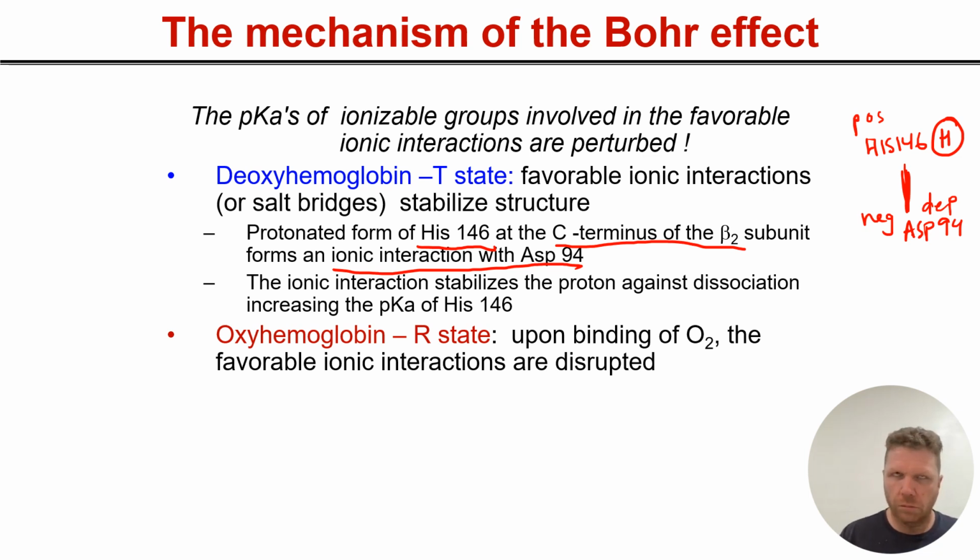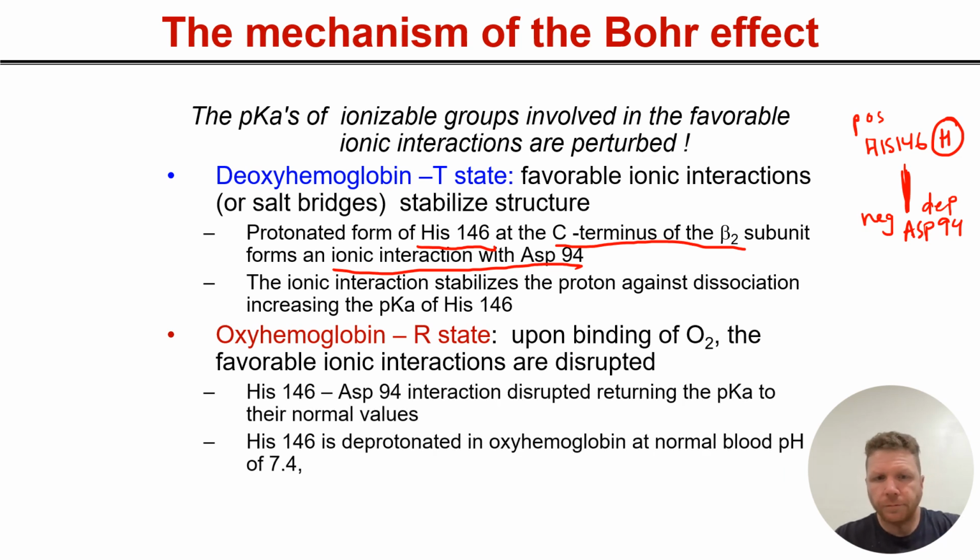Now, contrast that. Oxyhemoglobin, the R state of our protein. Upon binding of O2, the favorable ionic interactions are disrupted. So when O2 binds, this bond right here gets disrupted.